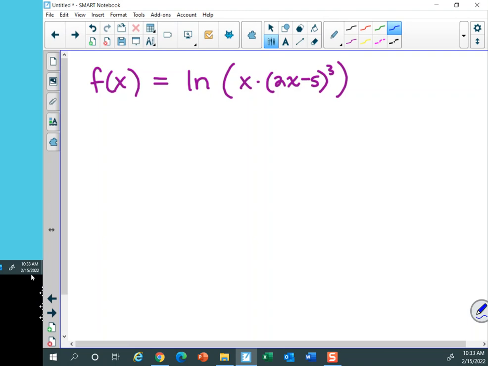Oh, I don't want to write the derivative of it, but the long way. But I'm going to start. I might not finish it. I might wimp out.